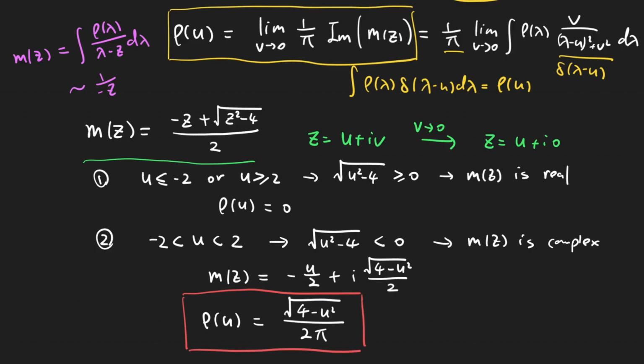That's exactly a semicircle. We don't have any probability mass outside minus 2 and positive 2, and in between we have the probability density given by this formula, which is exactly the formula for the semicircle.